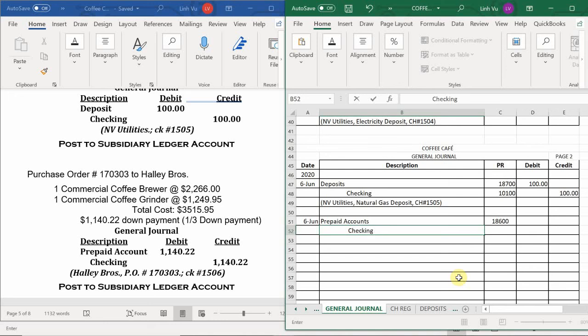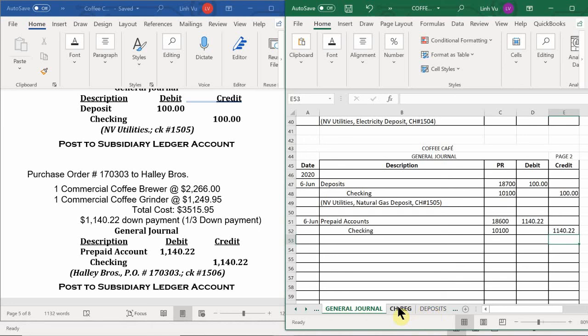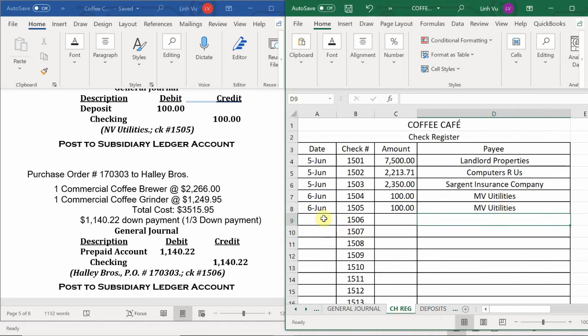So in this case, you definitely want to write a check for this one. Okay. Now in this case, what is my check amount going to be? What am I writing it out for? 1,140.22. Okay, especially those 2 cents. 22. Yeah, 22 cents. Okay. Now, if I wrote a check, I have to go and find that check number. So check register, right? 666.